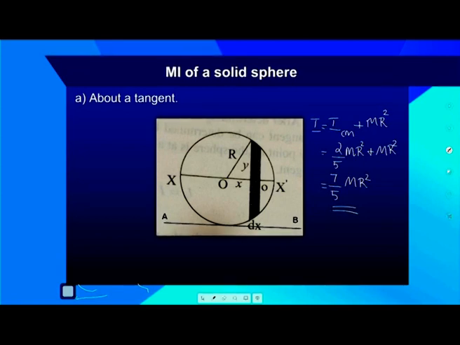So, two things: the moment of inertia of the sphere about the diameter, and the moment of inertia of the sphere about the tangent. We have learned the moment of inertia of so many shapes: ring, disc, cylinder, sphere. In all these we followed only 3 steps.